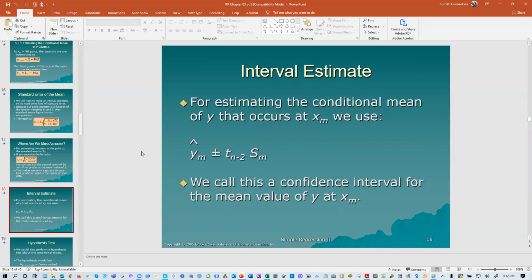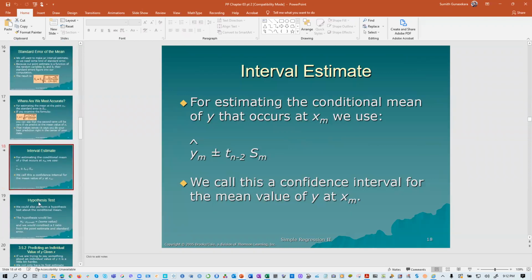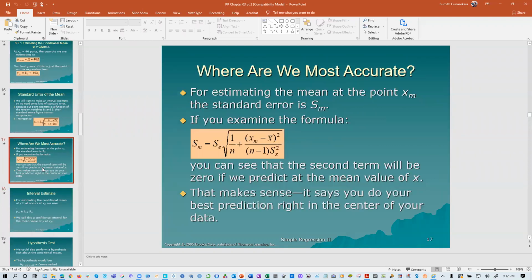The standard deviation of this curve, for an individual or the mean value. There are two things we can look into. If you are looking into the mean, estimating the mean at that point, XM, where M stands for the mean of the mean.